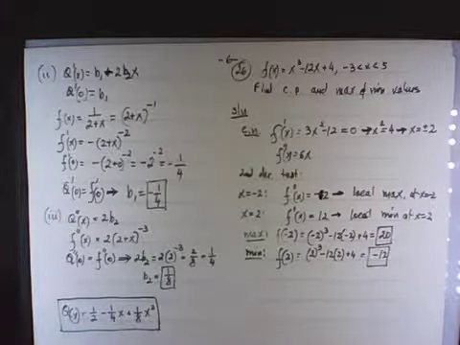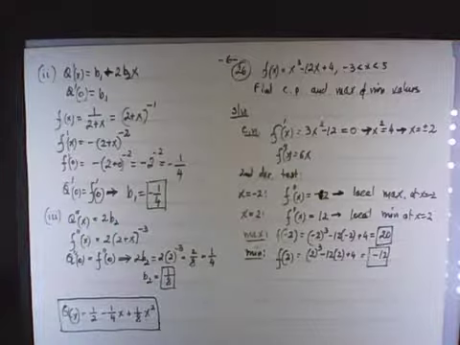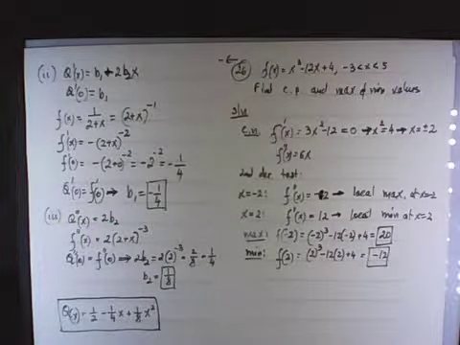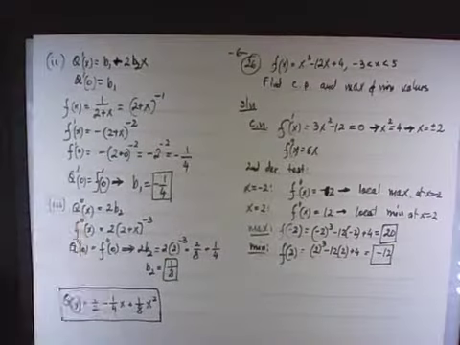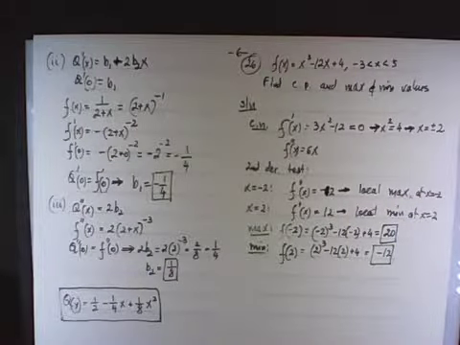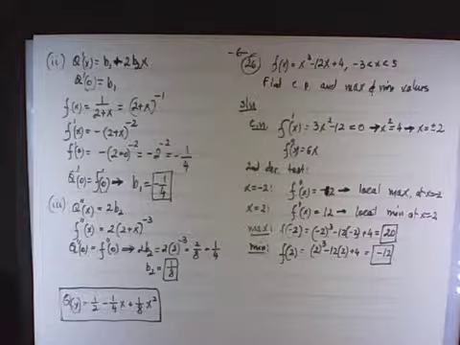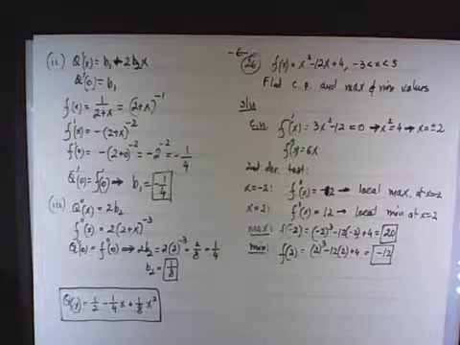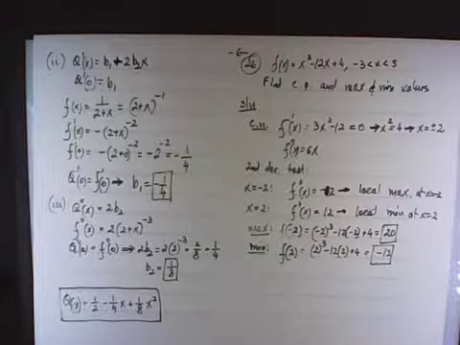Remember, the question says find maximum minimum without the word global or the word local. What we did with the second derivative test and critical numbers gives the relative, not the global. For the global, you need to include everything else. If you look at this point right here, it has a higher y value than this one.